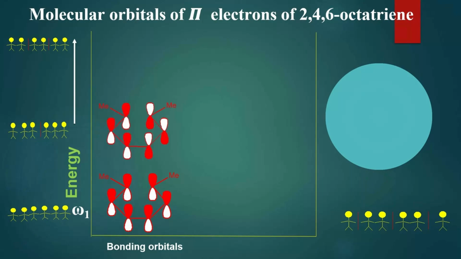At the next higher energy level, the 3 p orbitals, 2, 3 and 4, are in one phase, and the 4, 5 and 6 orbitals are in the opposite phase to the first one.